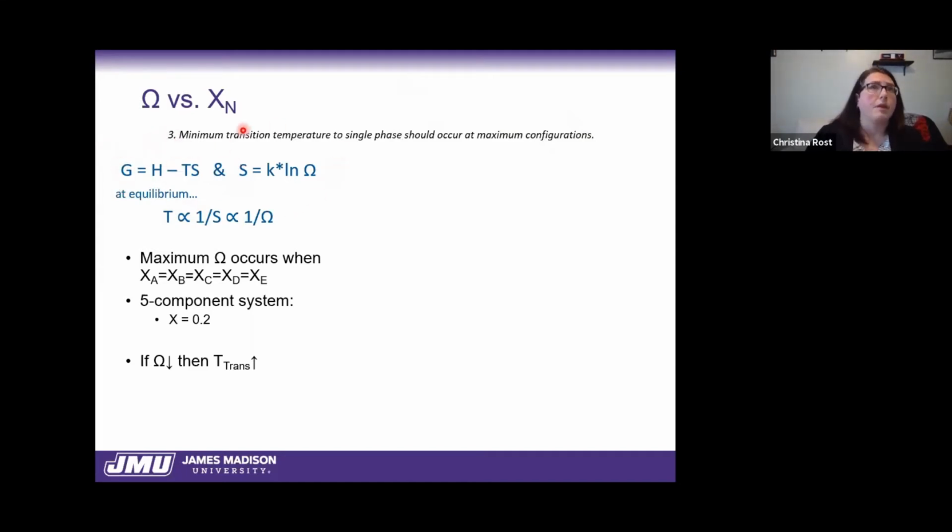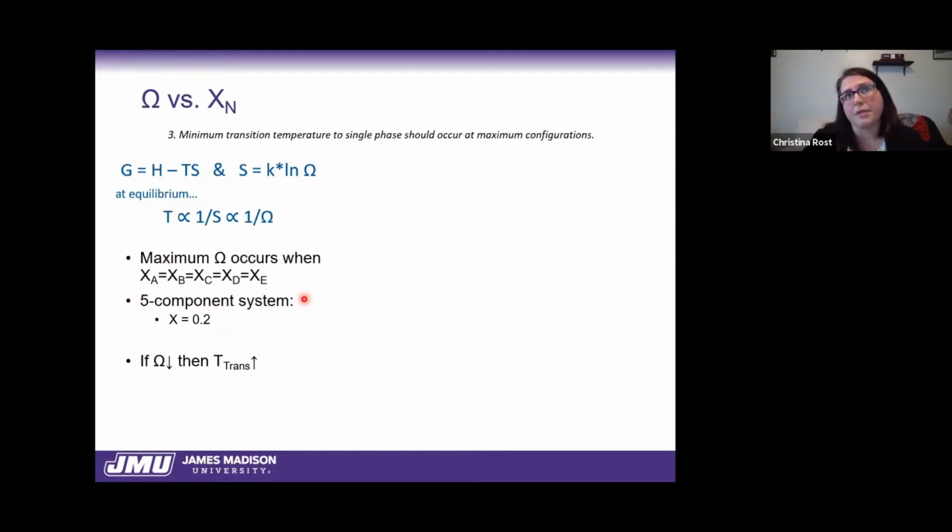And we of course know from Boltzmann's equation what entropy is. And under equilibrium conditions, the temperature at which we go to single phase is inversely proportional to the entropy, which is of course proportional to the number of microstates available to us. The maximum number of microstates occurs when we have equimolar amounts of each of the cations in the system.